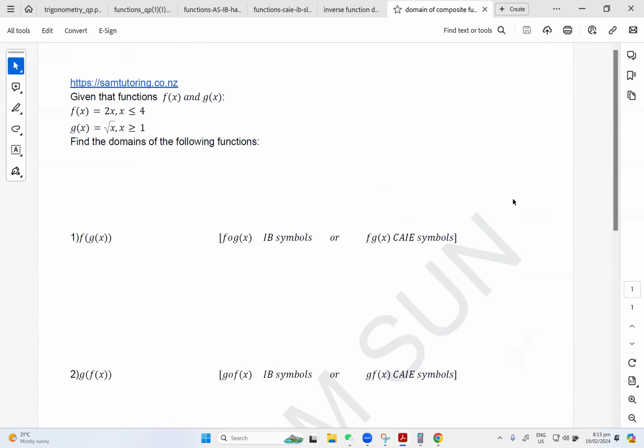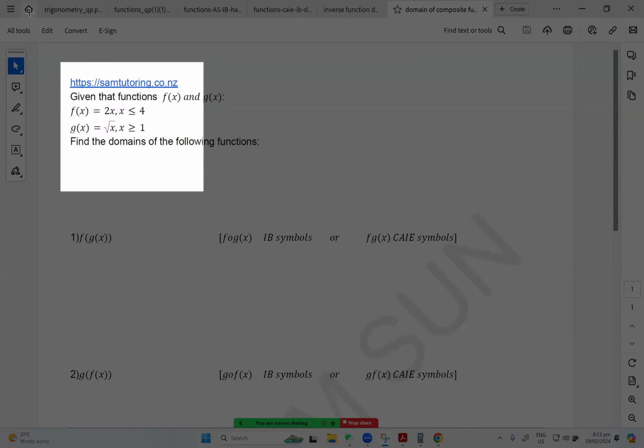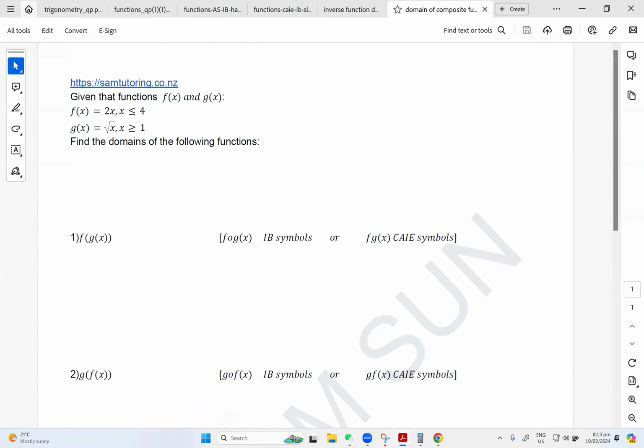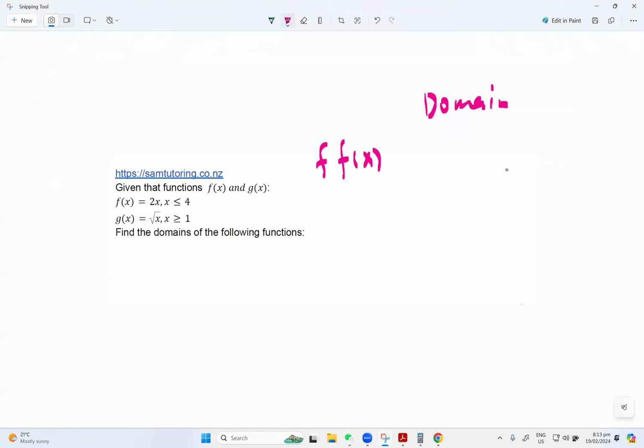Now, F∘F. We are doing composite function domain. F(F(x)), what's the domain? First step, x is the input of F. Therefore, x less than or equal to 4.